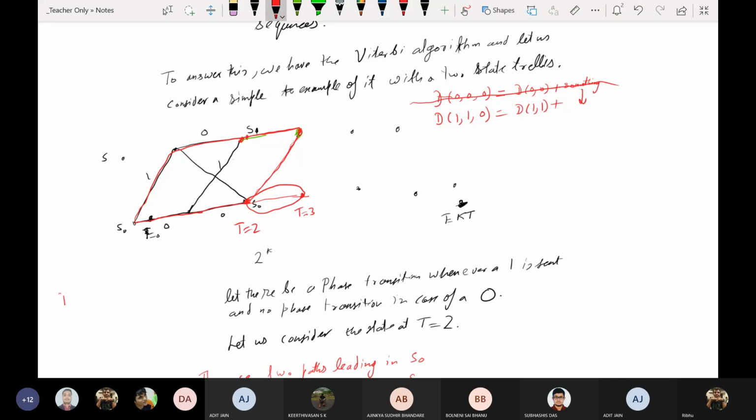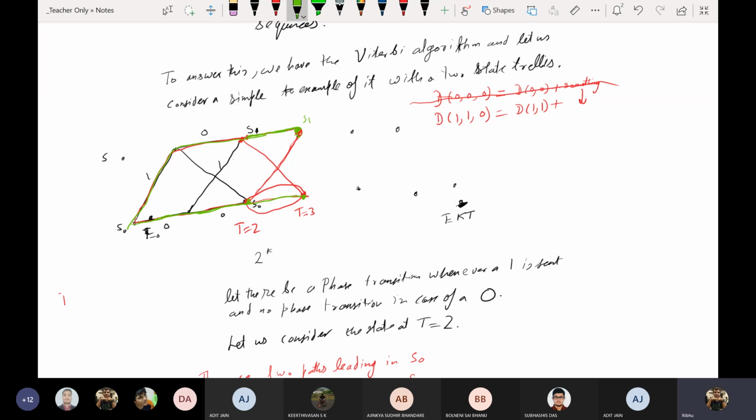Similarly, out of these, at t equals 3, I can say that this path into S1 survives and this 000 into S0 survives.